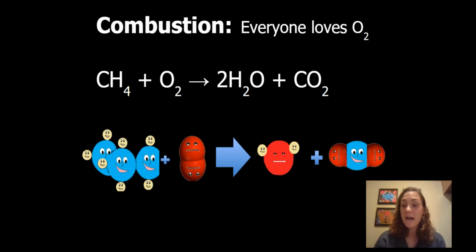So you're always going to have hydrocarbon plus oxygen gas gives me some amount of water, which is H2O, and then some amount of carbon dioxide. So you can pretty much just memorize this equation and be fine, but know that you might have different types of hydrocarbons. So in this case, you have CH4, but you could have a different number of carbons and a different number of hydrogens as long as it's hydrogen and carbon.